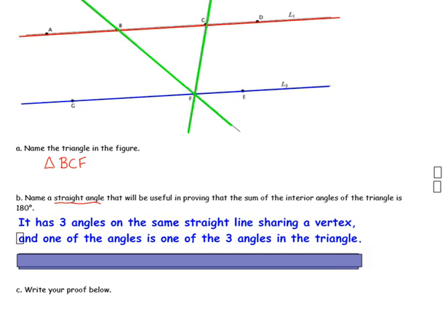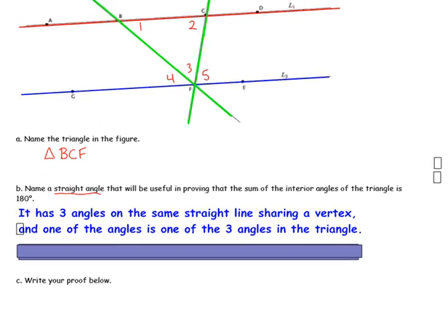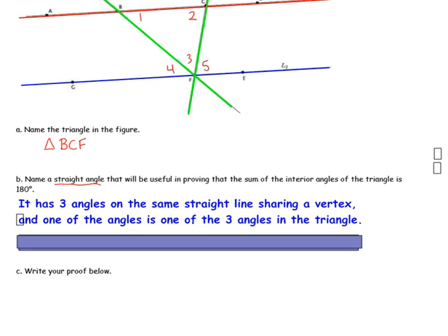Let's number our angles. We'll call this angle 1, 2, 3, 4, and 5. We know that angles 4, 3, and 5 are on a straight line and that they will add up to 180 degrees. So I'm going to write that over here.